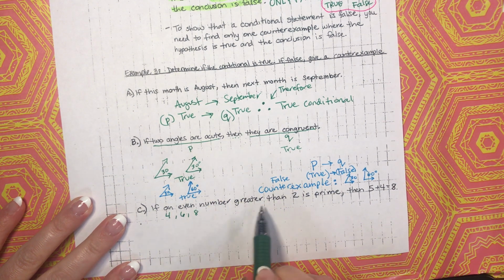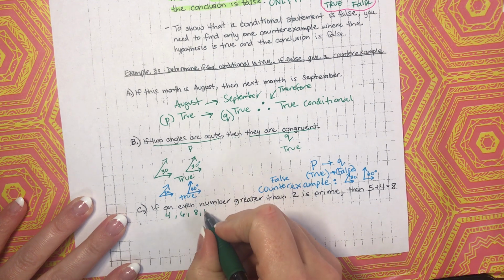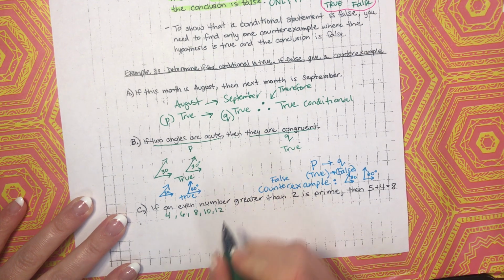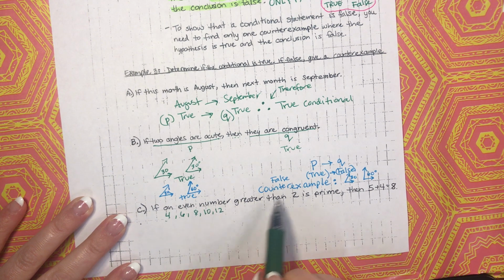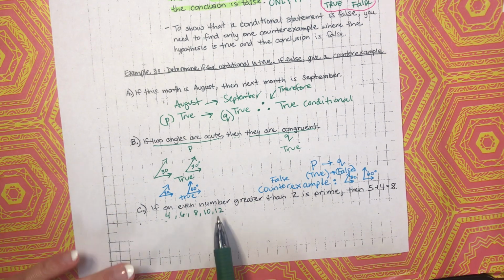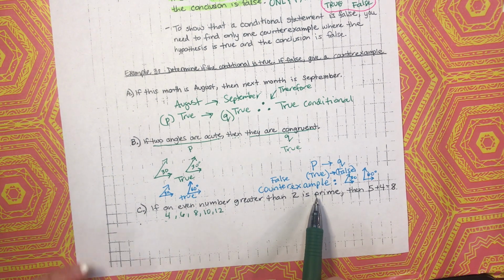So it says if an even number greater than 2 is prime, but there's a problem here. The issue is that all of the even numbers greater than 2 are divisible by 2, so they're never prime.